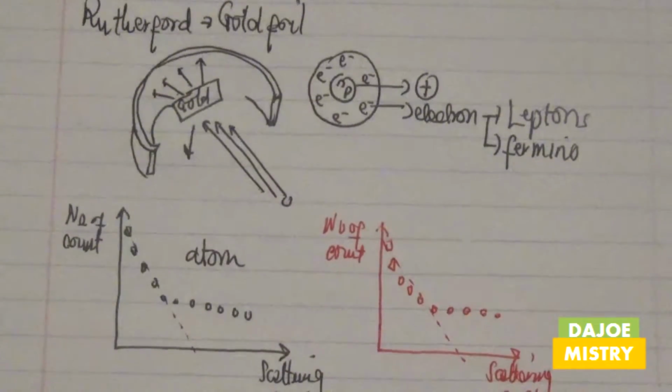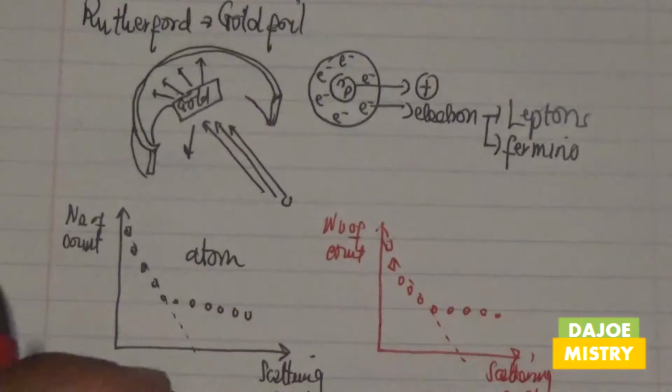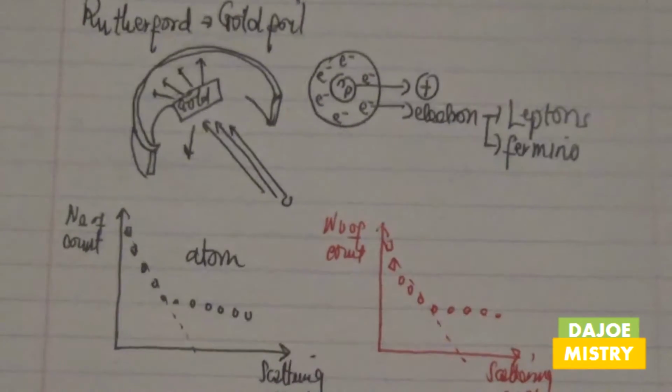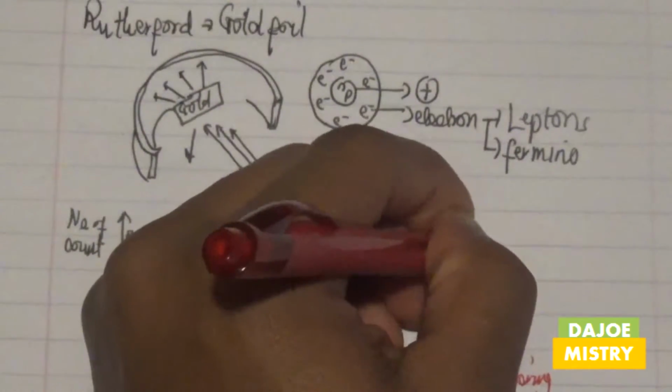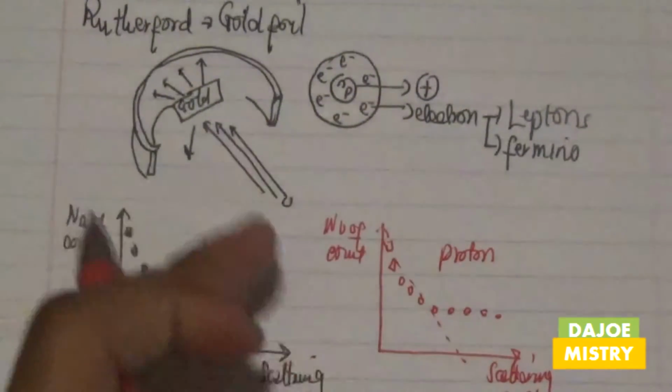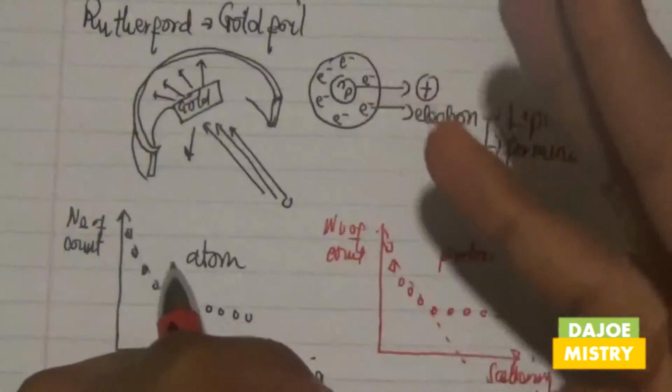At a large number of particles deflected through large scattering angles, we are able to infer that the proton indeed consists of an internal structure, and this internal structure includes 3 quarks.